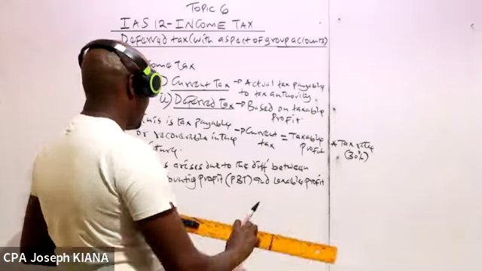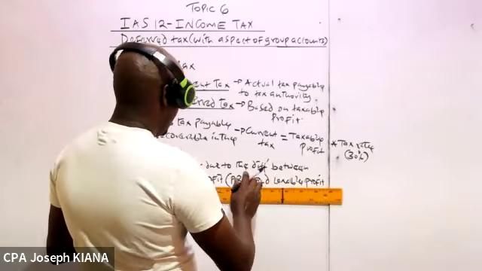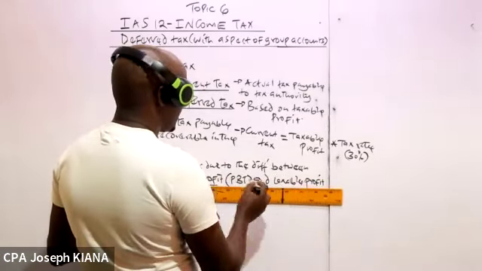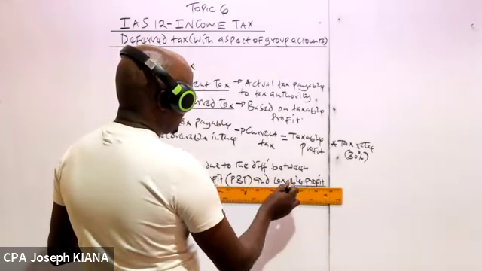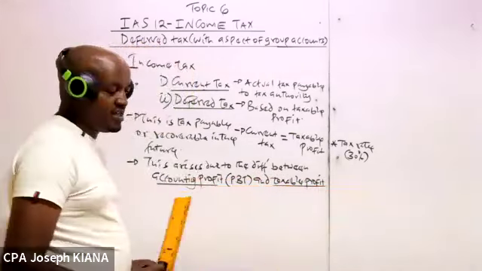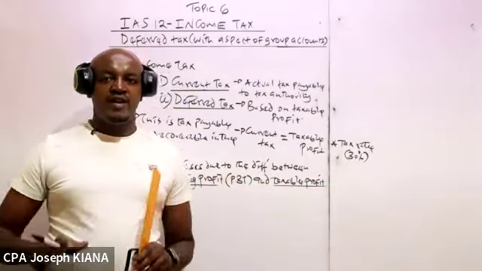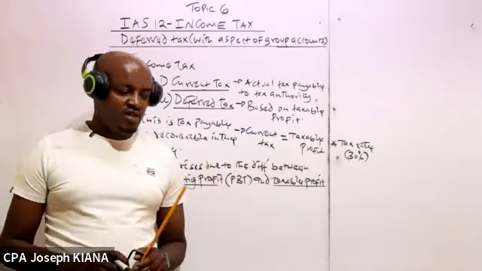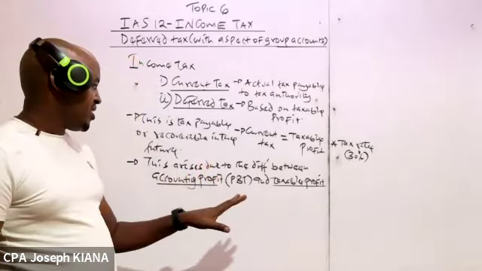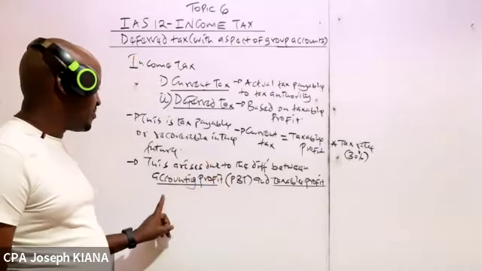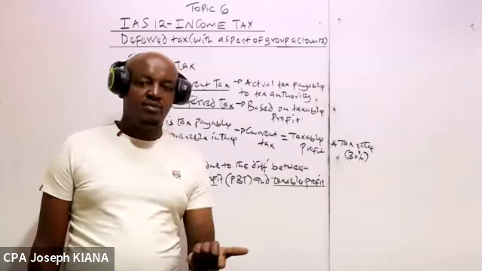So therefore, generally, if these two profits are different, accounting profit and the taxable profit, then this automatically will give rise to something called a deferred tax. Now, before we proceed to the other concept, what do you mean by the taxable profit?